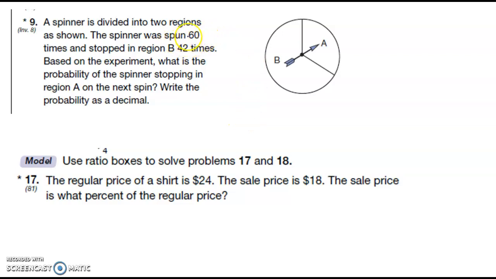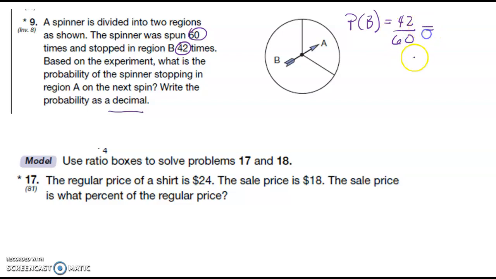Okay, a spinner is divided into 2 regions as shown. The spinner is spun 60 times and stopped in region B 42 times. Based on the experiment, what is the probability of the spinner stopping in region A on the next spin? Write as a decimal. So let's do probability of B, which is 42 out of 60.